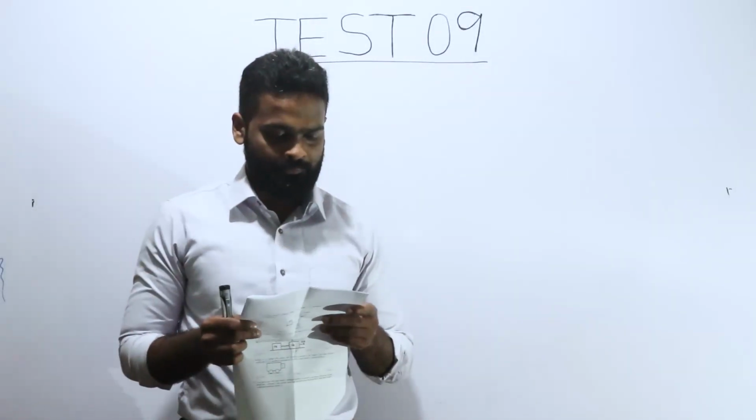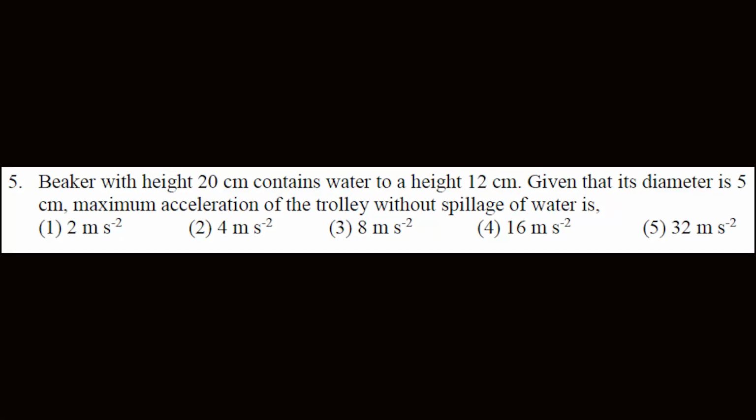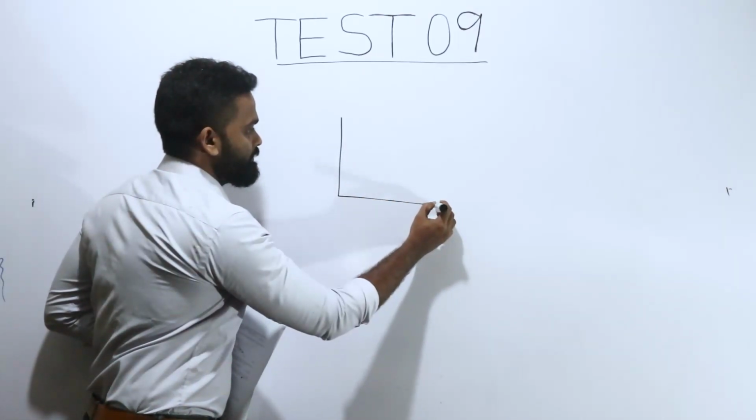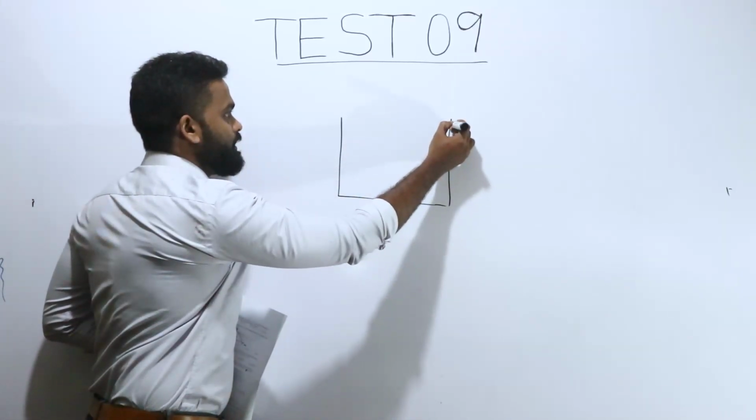Fifth question. Beaker with height 20 centimeters contains water to height 12 centimeters. Given that its diameter is 5 centimeters, the maximum acceleration of the trolley without spillage of water is? So this also is a kind of similar question.